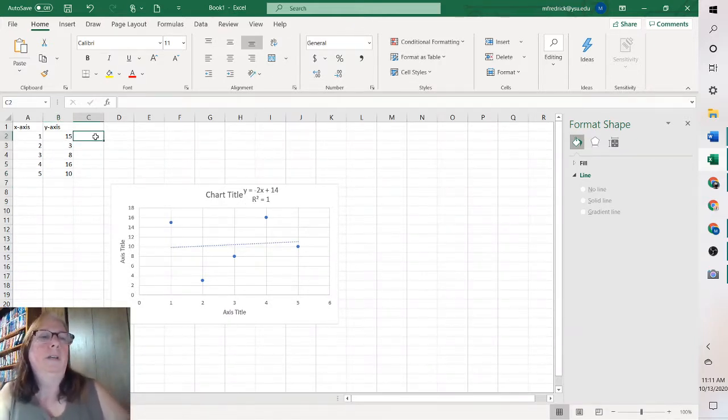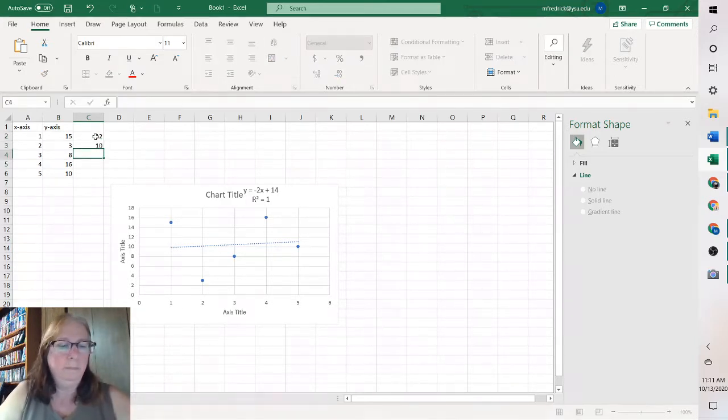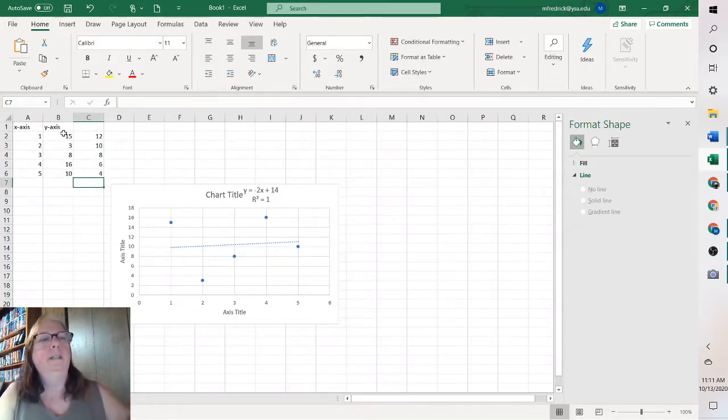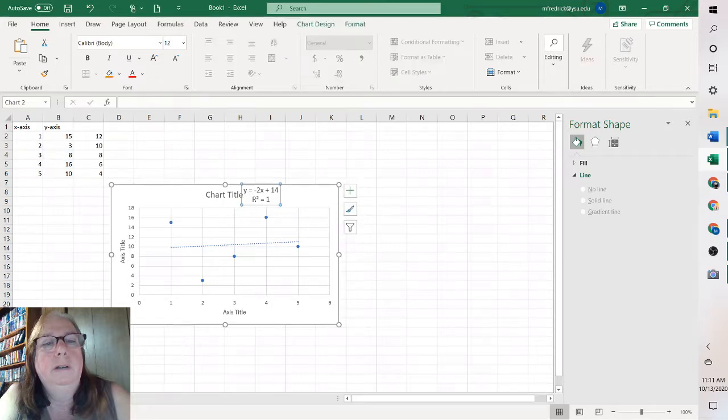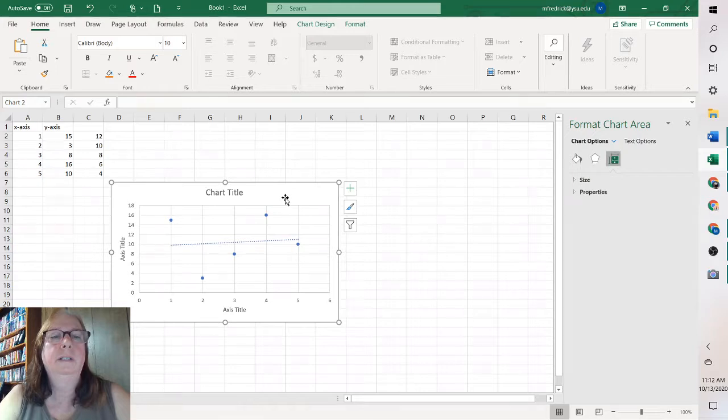Here, I'll put what the other numbers were next to it. So I had these, I switched to these. Notice then the data is spread all over in my line. And R squared, I think we have to redo R squared to get it. Doesn't want to delete. Okay, there it goes.